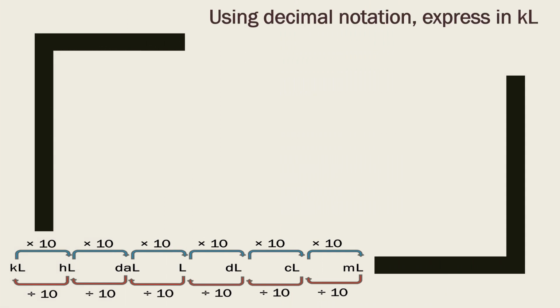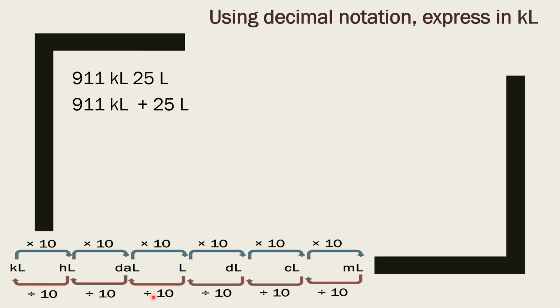Last question is using decimal notation express in kiloliter. It is your question. 911 kiloliter 25 liter. At first we will write it separately. 911 kiloliter plus 25 liter. Now we need to convert it into kiloliter. This part is already in kiloliter, so we will write it as it is. We need to convert this liter part into kiloliter. Liter to kiloliter, lower to higher.